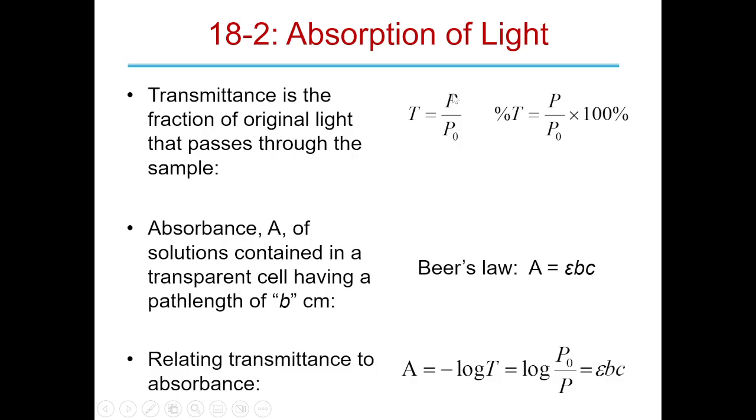All right, so you notice that we haven't been talking about absorbance and transmittance yet. These are derived terms. Transmittance is going to be the fraction of the original light that passes through the sample. So 100% transmittance would be getting P0 back out.